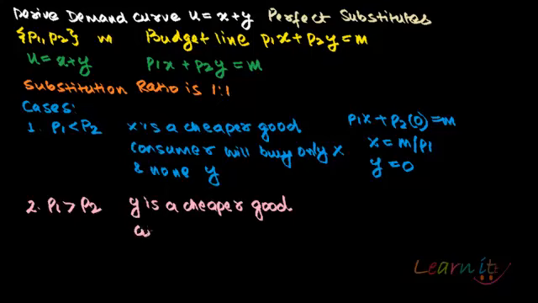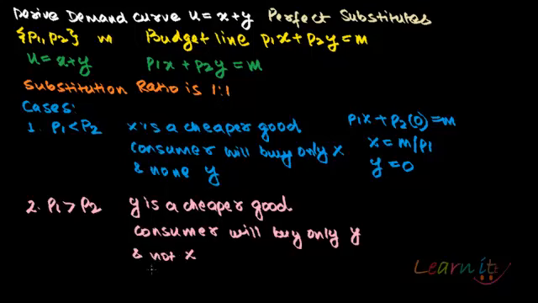The consumer will buy only Y, and not X. Clear? So in this case, what is the budget line?